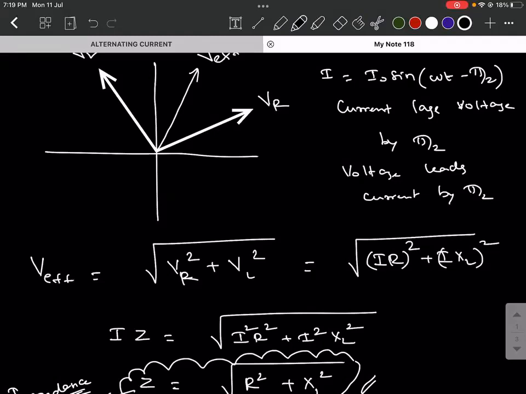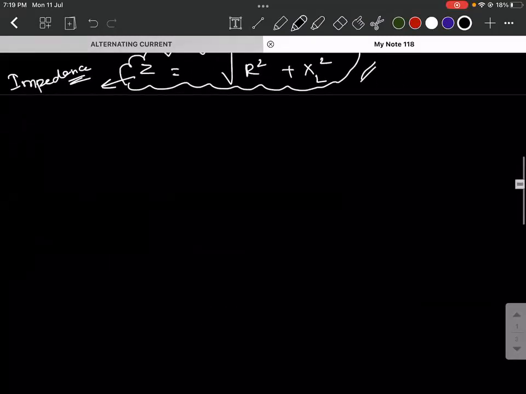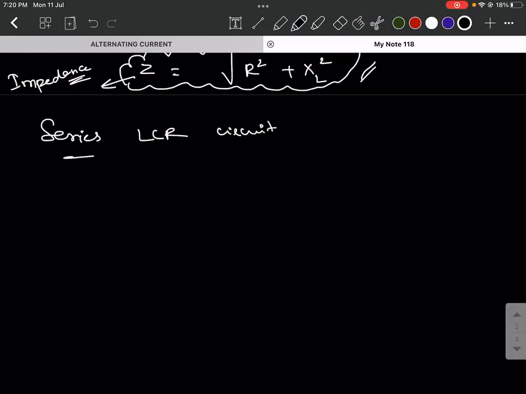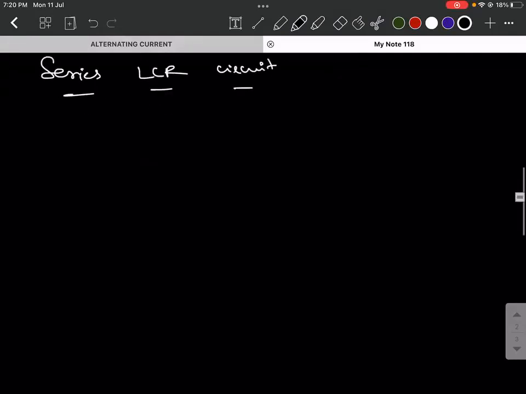Now we'll go to the next topic of series LCR circuit. Means inductor, capacitor, and resistor, all the three are connected in series. So when I say series LCR circuit, I'll first put the resistor, because you can call it as RLC also.